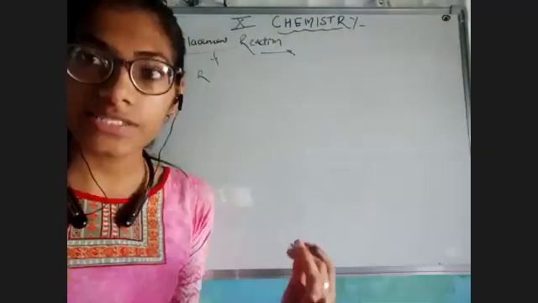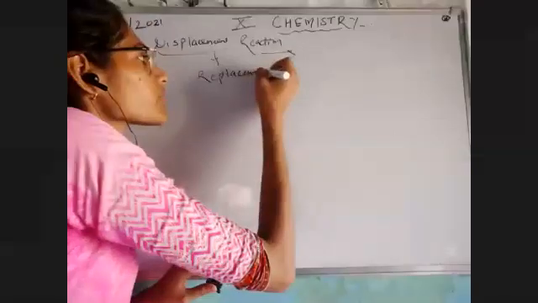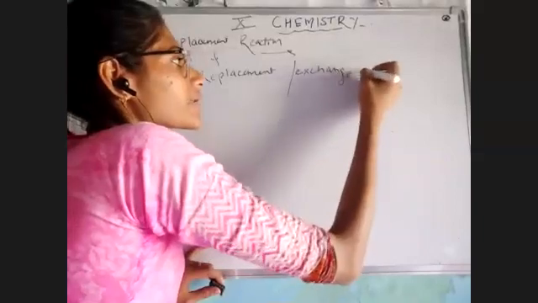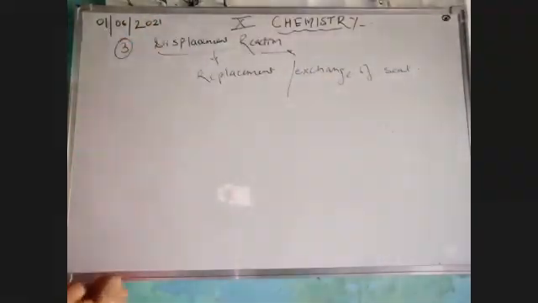Displacement, as the name suggests, here is getting replacement or exchange of seat, that we can say in our layman language. I just want to tell you what you mean by displacement reaction.